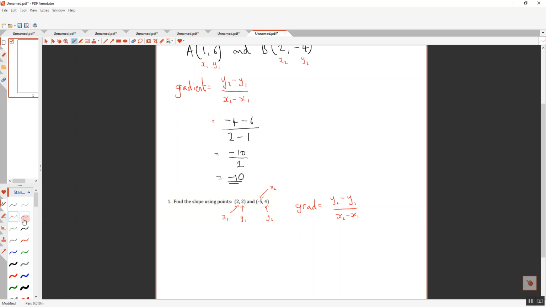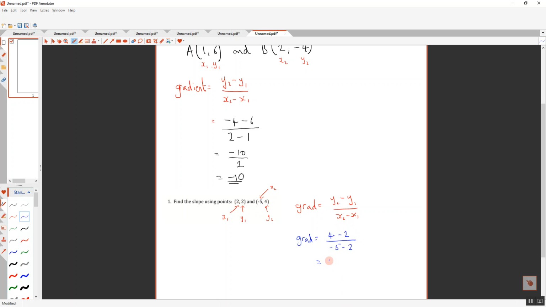Okay, let's see if you got it right. So gradient is equal to y2, which is 4, taking away y1, y1 is 2, divided by x2, x2 is -5, and we're taking away x1, which is 2. And if you want, you can use your calculator.